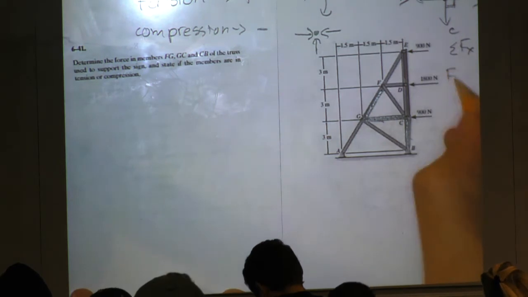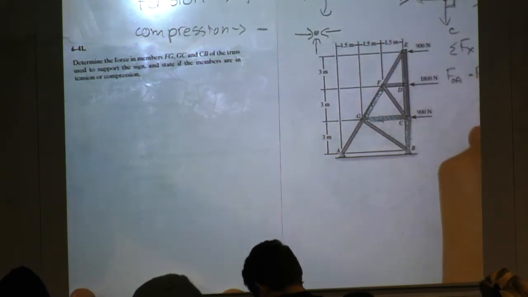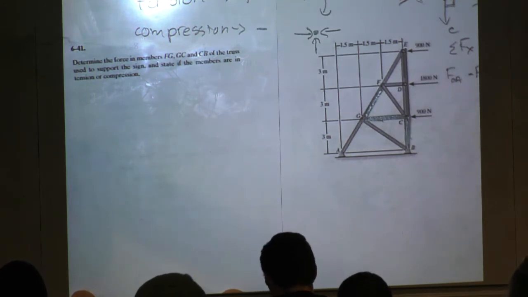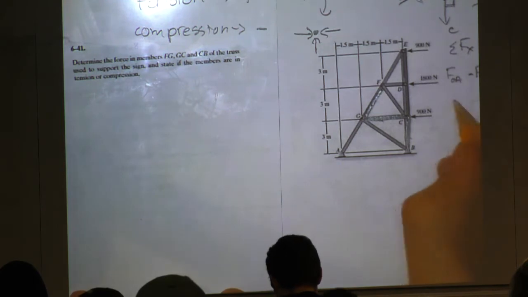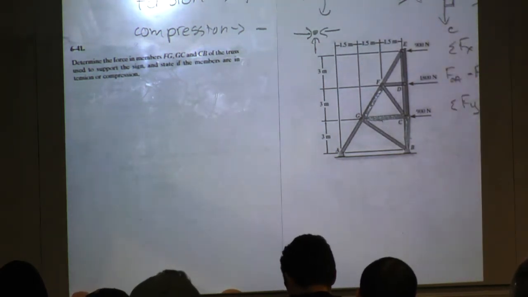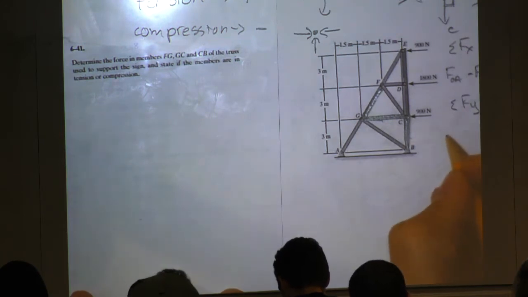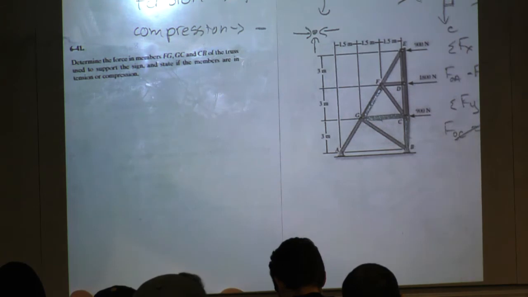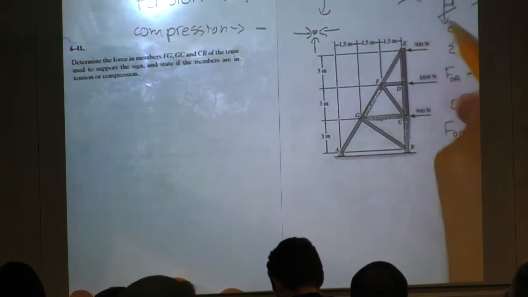So I can say FOA minus FOB is equal to 0. That's fine. As long as FOA and FOB have values, this won't be 0. Nothing's a problem here. The problem arises when we get to the y direction, right? Because B and A have no components in the y-axis, so now we're just going to get FOC is equal to 0. So that member right there is equal to 0, right? That would be a zero force member.